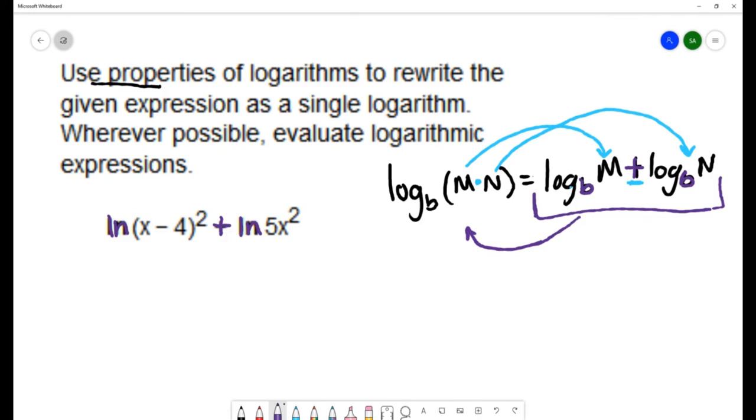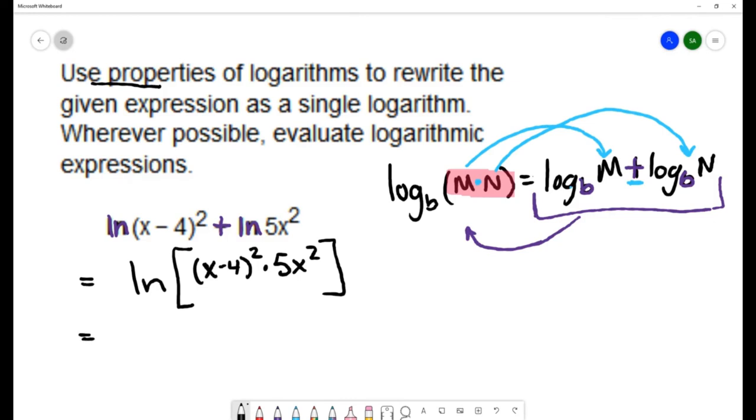Those have a base of e. And we're going to be able to condense this down to a single natural log. And when we condense it, we should use the product. We should use multiplication. So we're going to multiply (x minus 4) squared times 5x squared.